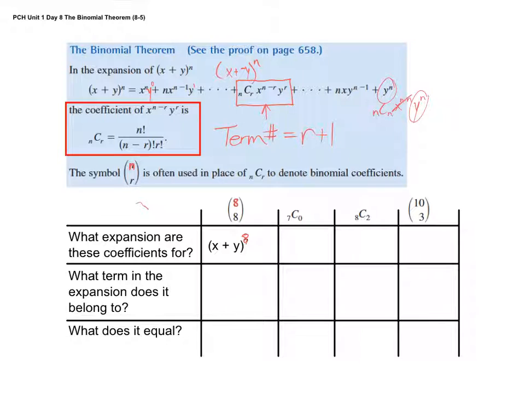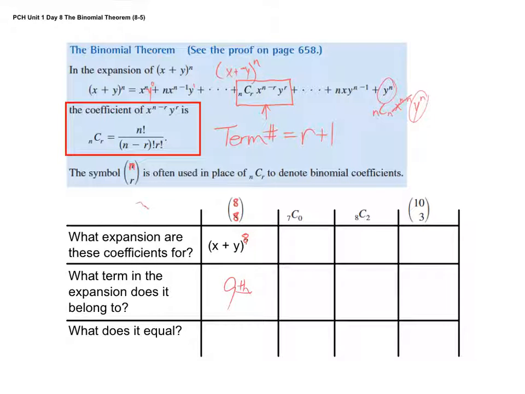We go all the way up to 8 choose 8. That's 9 terms. R is 8. So here's the term number. The term number is R plus 1. So if R is 8, then 8 plus 1 would give us the ninth term.